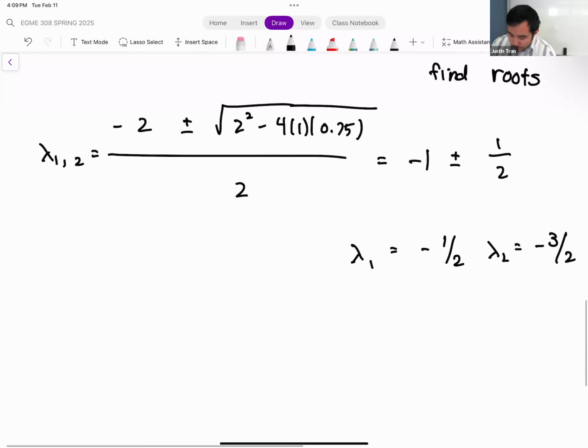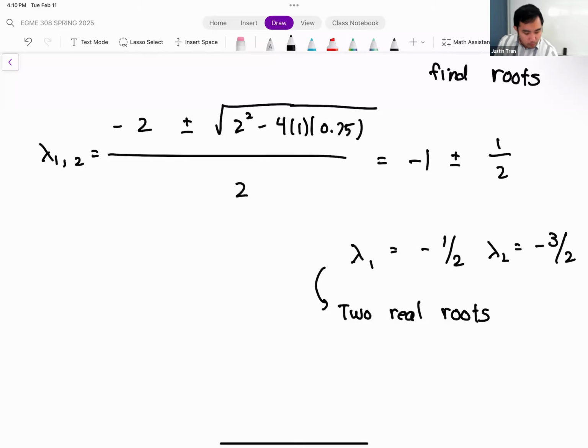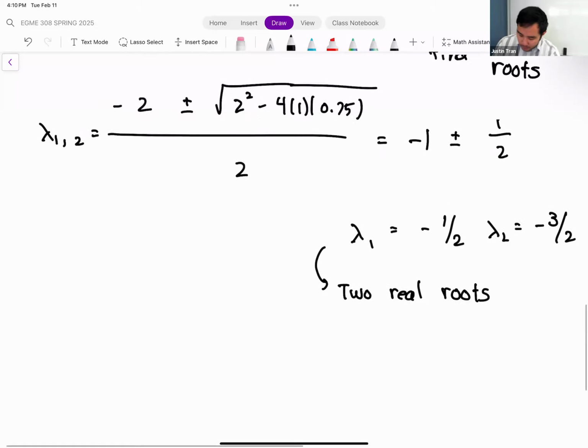Okay, so we have two real roots here. And so with two real roots, our homogeneous solution looks like the following.